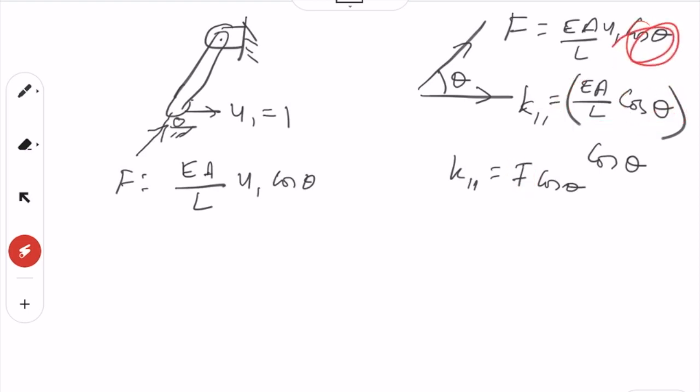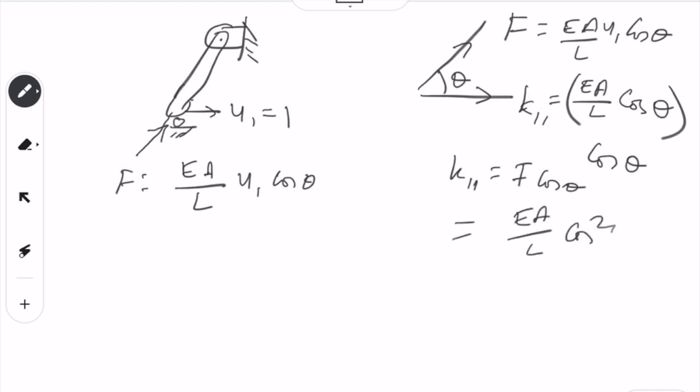See here, right? So K11 will be F cos theta, but F also includes the cos theta, so hence you will have two cos theta, one cos theta here, a cos theta here. So that really means EA over L cos square theta. Okay, so we get the value of K11.